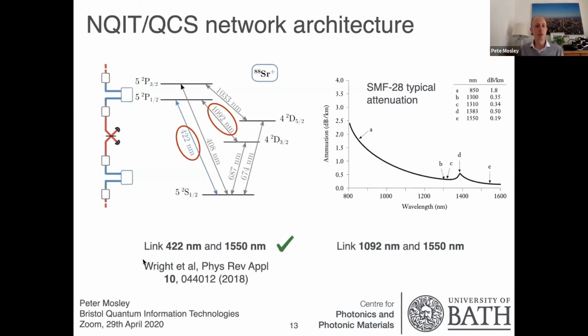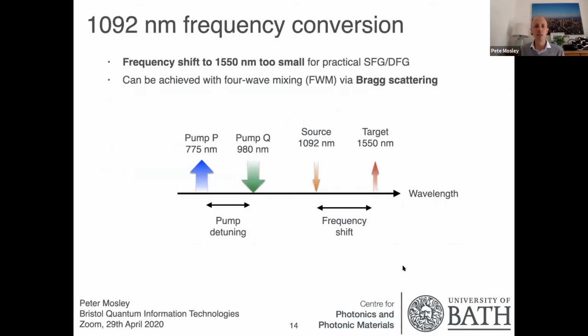So the 422 work I'm not going to talk about today, because that was done by sum and difference frequency generation, so not in optical fiber. Today I'm just going to update you on the progress that we've made at linking 1092 and 1550 in a frequency conversion interface. So this frequency shift between 1550 and 1092 really makes it too small for practical sum and difference frequency generation.